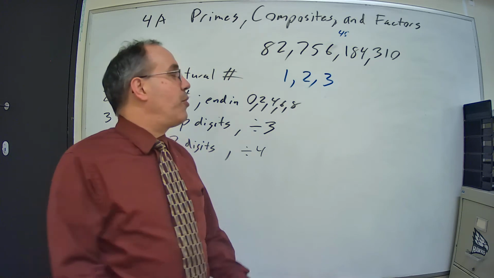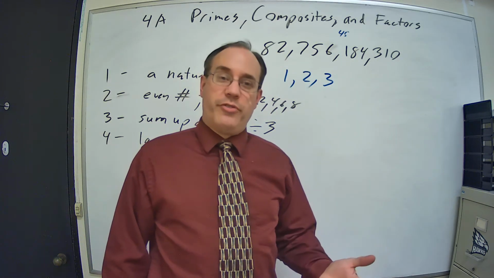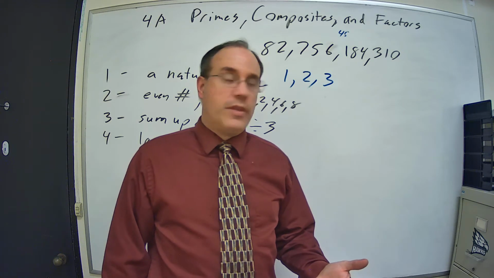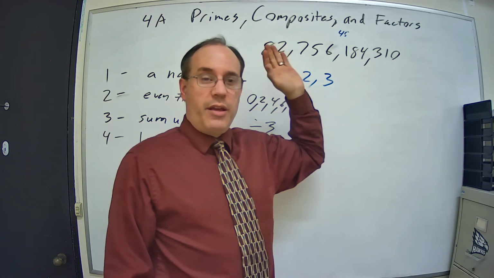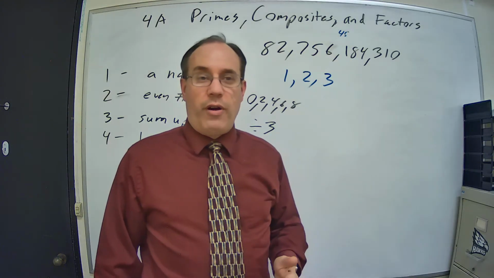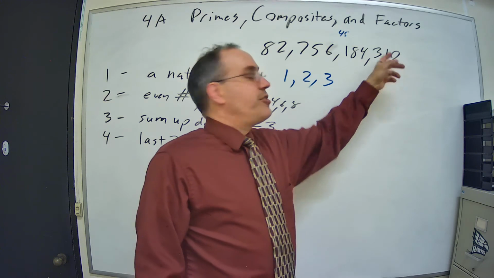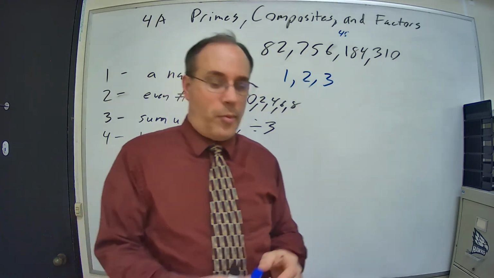Now, why does that work? Because 4 times 25 is 100. So as soon as you get up to the hundreds place or beyond, all of those are divisible by 4. It's just these last 2 digits, that part there, which we have to determine whether it's divisible by 4.